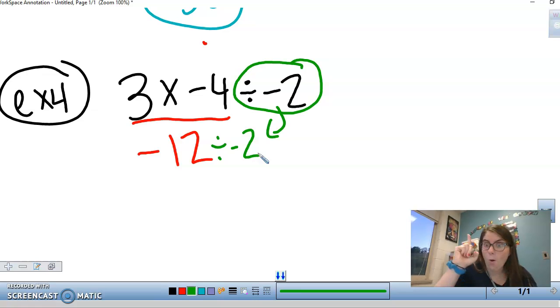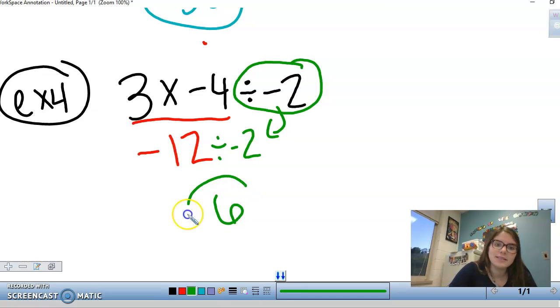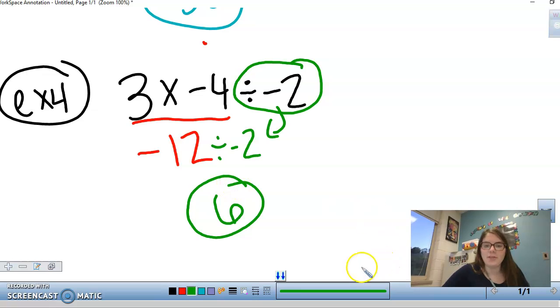We have two negatives now, so these are the same signs. So when there's the same signs, we get a positive answer. 12 divided by 2 is going to give me 6, and it's positive because they're the same signs. Would you look at that?